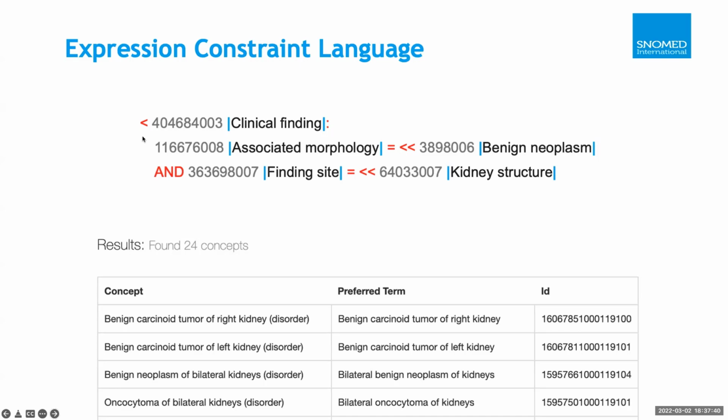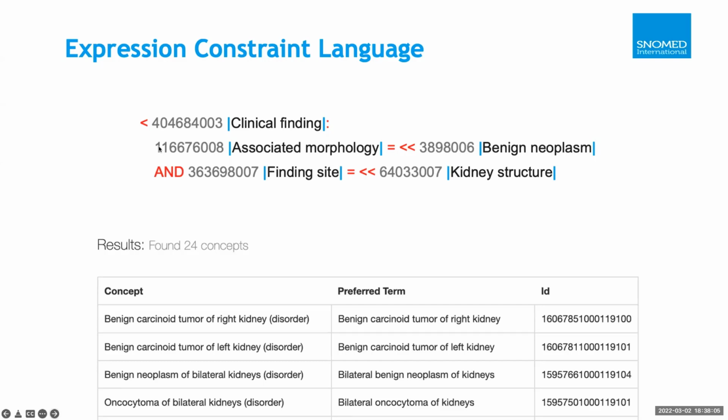If you have 2 consecutive less than signs, it takes all the subtypes, including the concept itself. So up here, we would only have all the subtypes of clinical finding. But if it had been 2 less than signs, we would have all the subtypes plus the concept itself. That is a brief introduction to expression constraints.